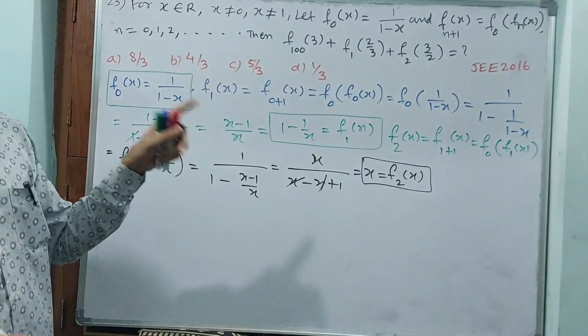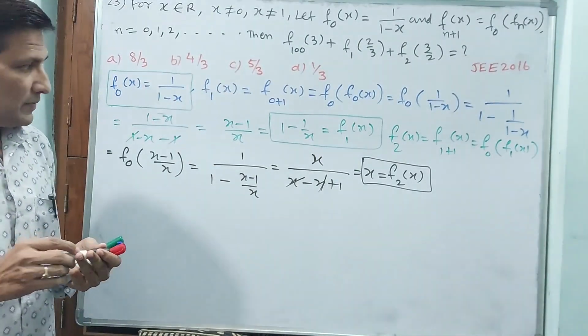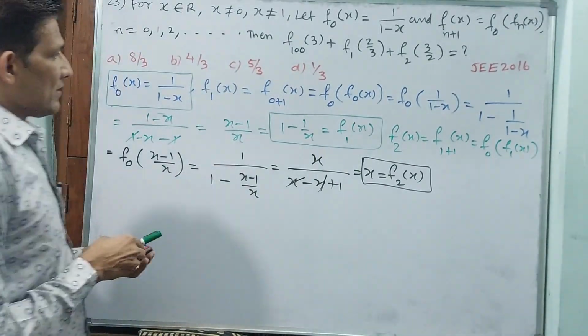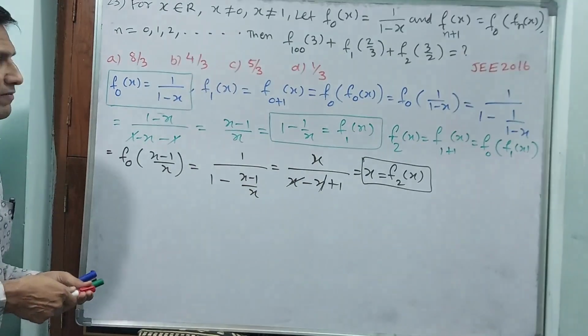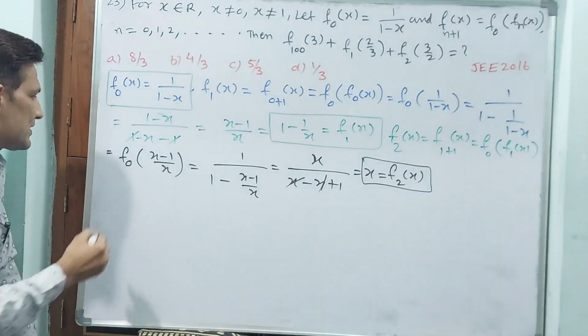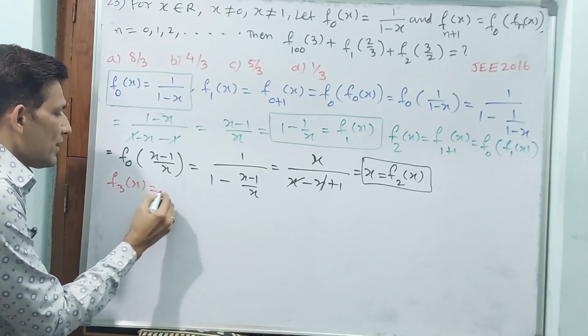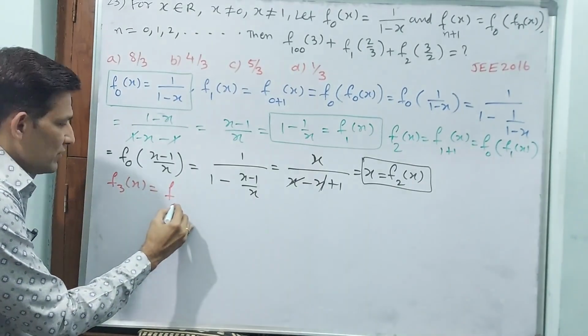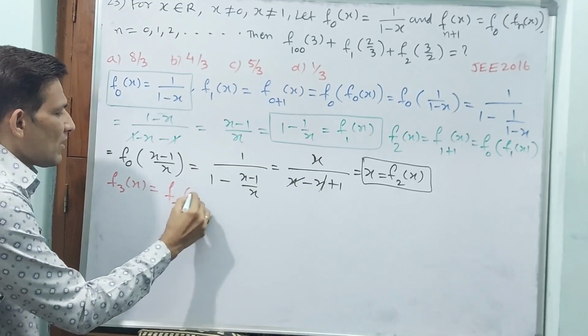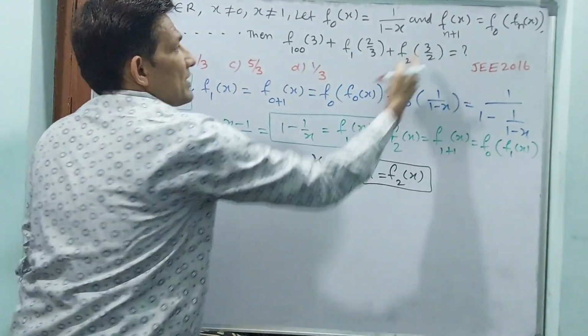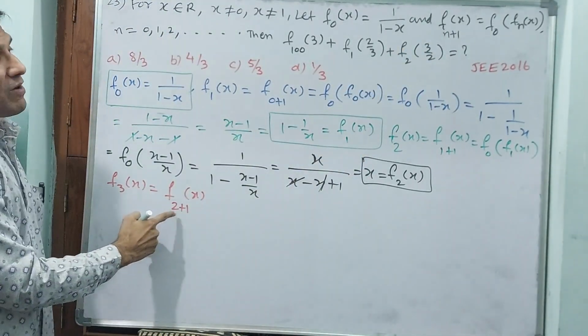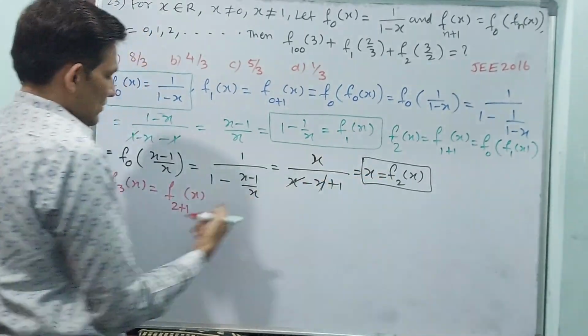Logic is there. First you find f3 of x. Then you can understand what logic is running, or whether any repetition is there. f3 of x is how much? I will write f2 plus 1 of x, n plus 1. N I am writing strategically as 2, because I am having f2.